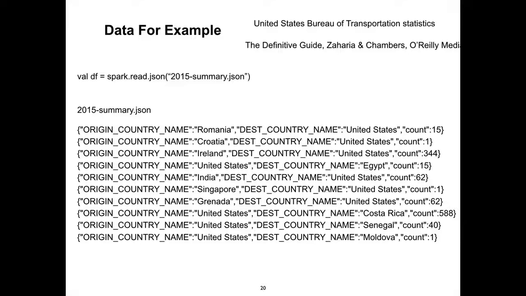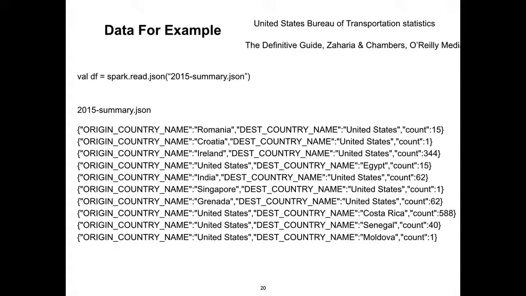So I'm going to do a bunch of examples again. I copied most examples and the data from this book. Again, it's the data set containing the number of scheduled flights from one country to another country, with one of those countries being the United States. It's origin country name, then destination country name, and then the number of scheduled flights, right?